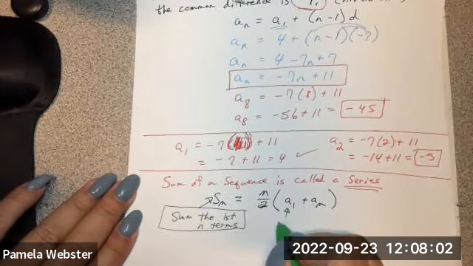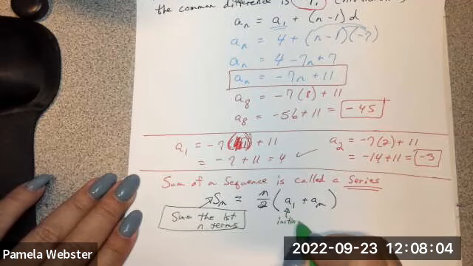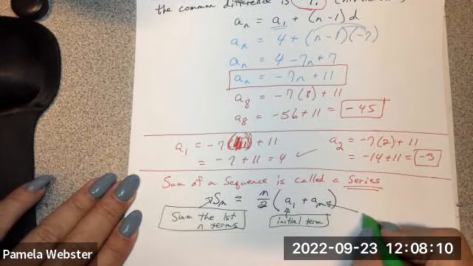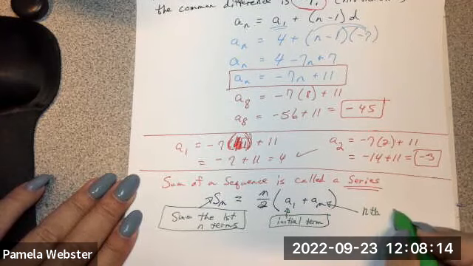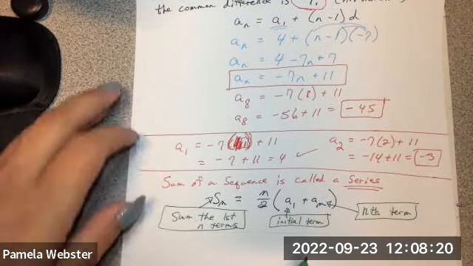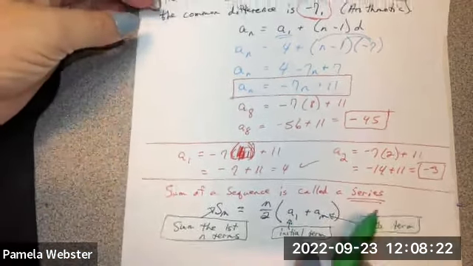And then a sub 1 is my initial term, and a sub n is the last term, the nth term. If I'm only summing the first through the nth term, then this will be the last one in my sequence.